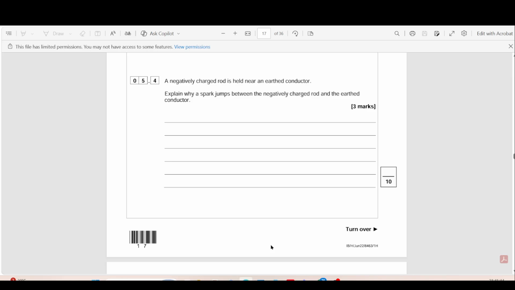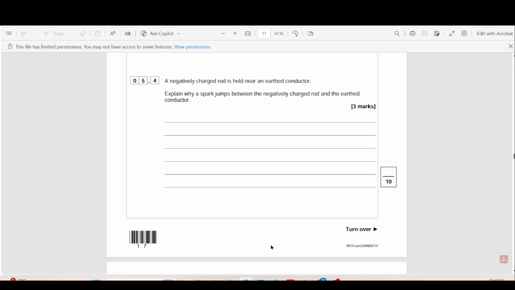A spark jumps between the negatively charged rod and the earthed conductor because of electrostatic discharge. Because there is a large difference in voltage between them. The earthed conductor is 0 volts, and a strong electric field between the two objects pulls electrons away from air molecules, which makes the air into a conductor by forming ions.